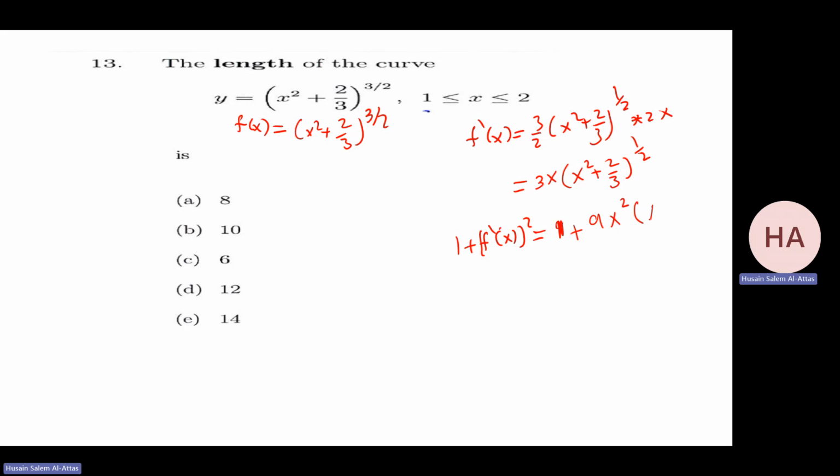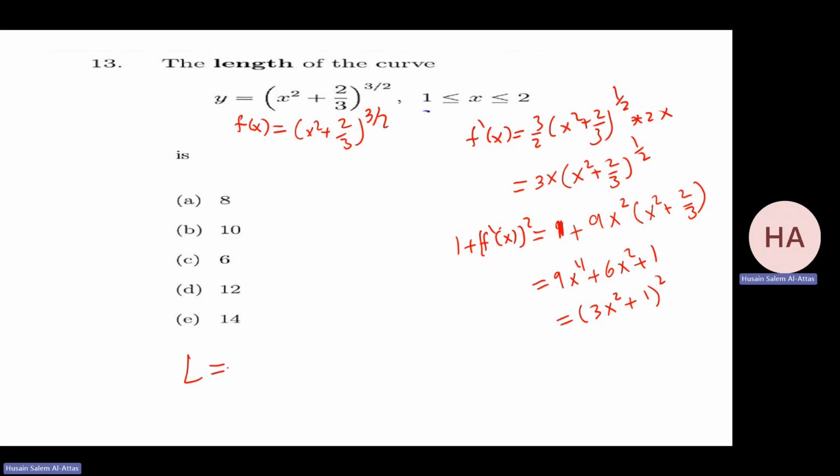Square will kill this. X squared plus 2 over 3. So that will be 9x to the power 4 plus 6x squared plus 1, which is 3x squared plus 1 all squared. 9x to the power 4 plus 6x squared plus 1, which is correct.